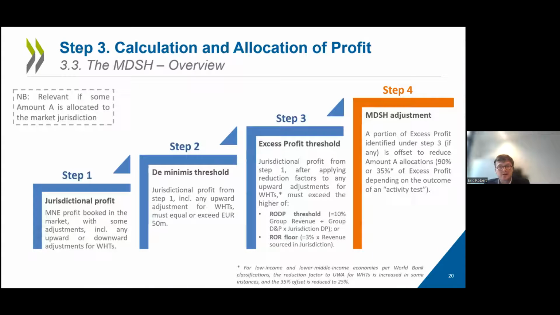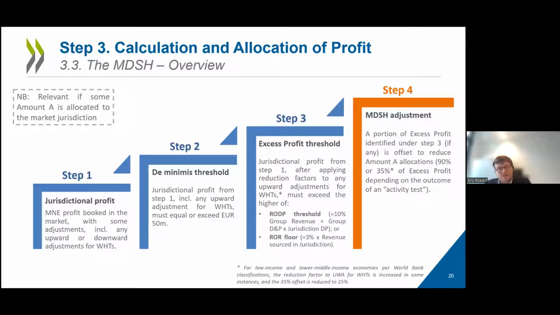And what that operation is effectively doing is converting those 10% of group revenue into a group return on depreciation and payroll. And that's the final threshold, which is specific to each group, obviously, because each group has a different level of depreciation and payroll. And that's the threshold that you apply to your local depreciation and payroll in the jurisdiction to determine the absolute amount of profit that is deemed to be the normal profit measure, which basically needs to be exceeded in order to recognize excess profit.